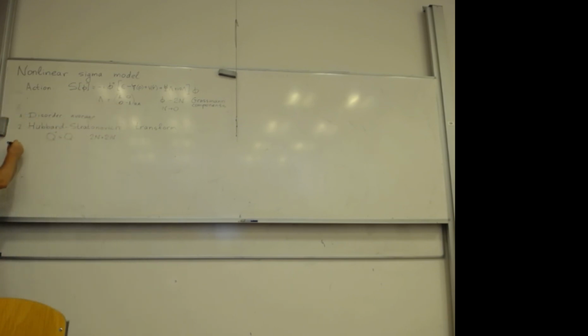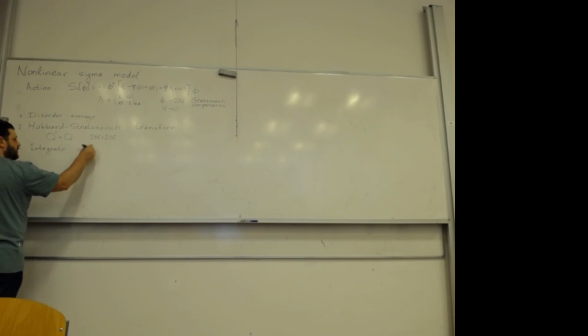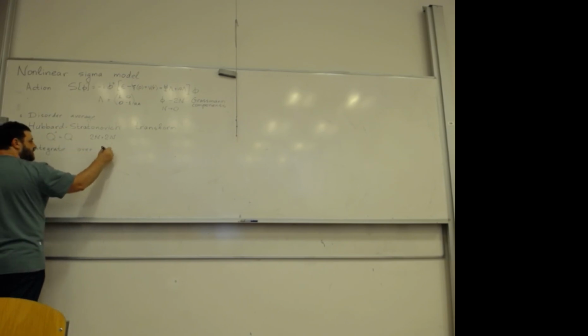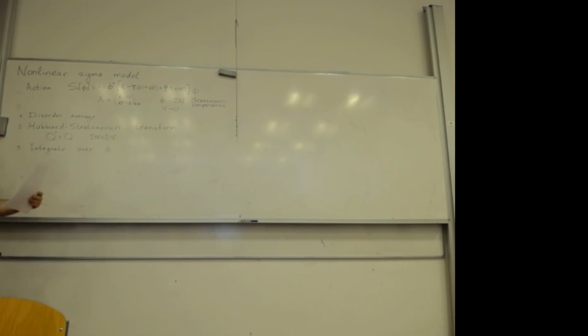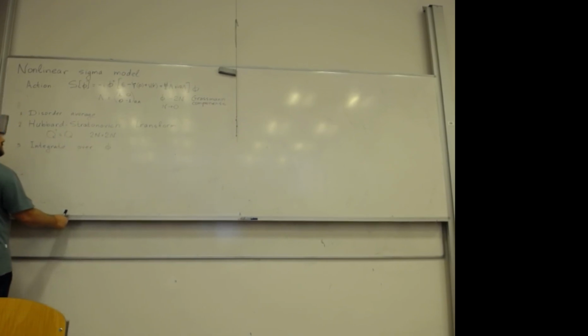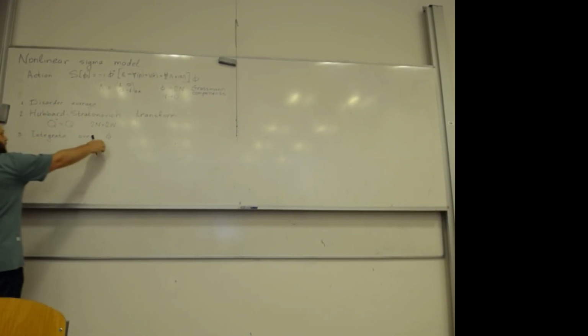So the next step, once again, was to integrate out the phi fields. It's just a Gaussian integral which introduces the determinant, and we put the logarithm of the matrix in the exponent to write the determinant.